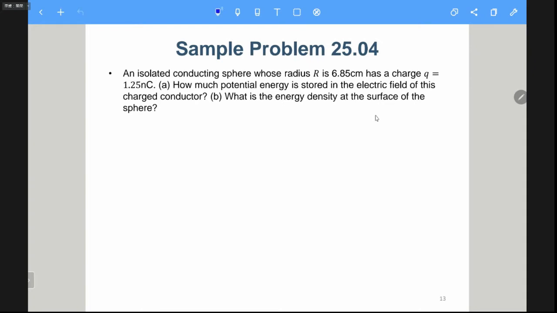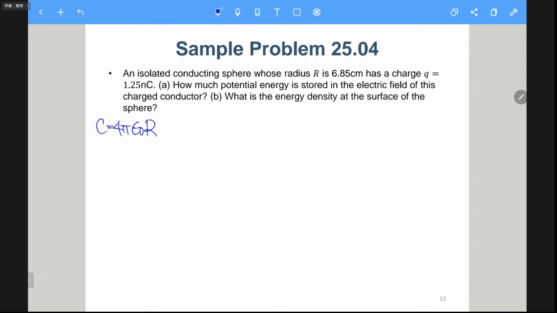When we consider a sphere conductor, it only mentions the radius, which means it doesn't have the outer plate. So we will use C equals 4 pi epsilon naught R using this expression.